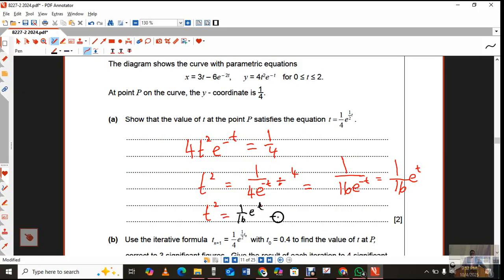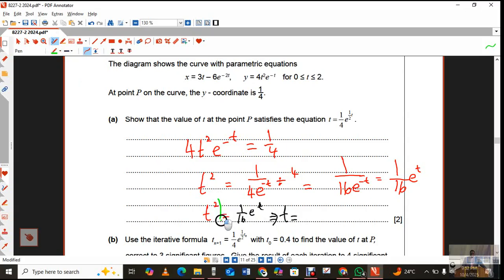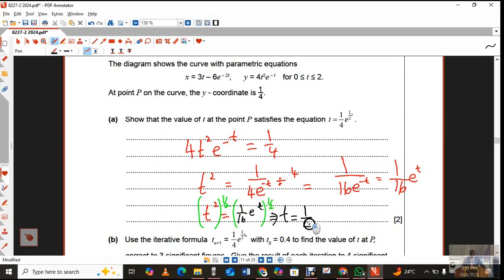How am I going to get rid of that square there? I'm going to get rid of that by simply taking the square root or by multiplying all of this by a power of a half. The square root of 1 over 16, I know it's 1 over 4. And e, now multiply that, that's going to be e raised to the 1/2 t. There's a reason why I wanted that, so that you can see that this is exactly the same as that.